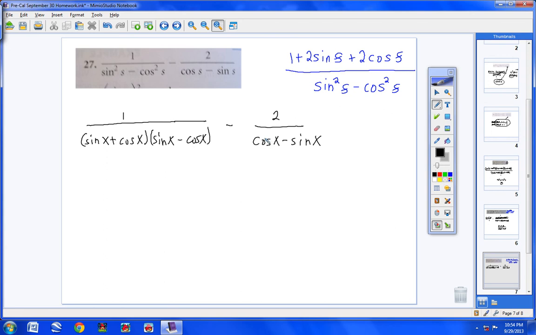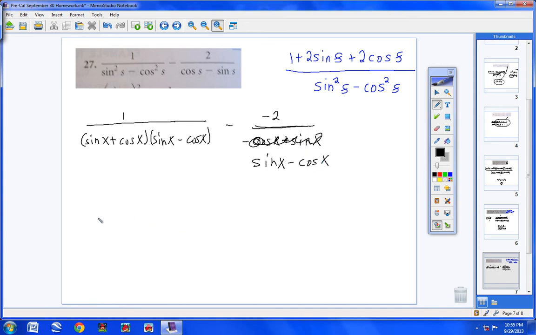Okay, that's totally legal. So I'm going to make this 2 negative, and I'm going to make this negative, and I'm going to make this positive. So now, having done that, I have negative 2 over sine minus cosine. Now that's going to be a big help later.